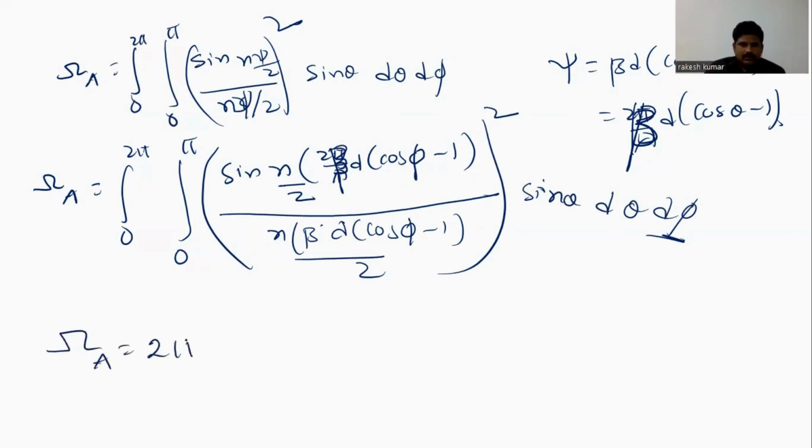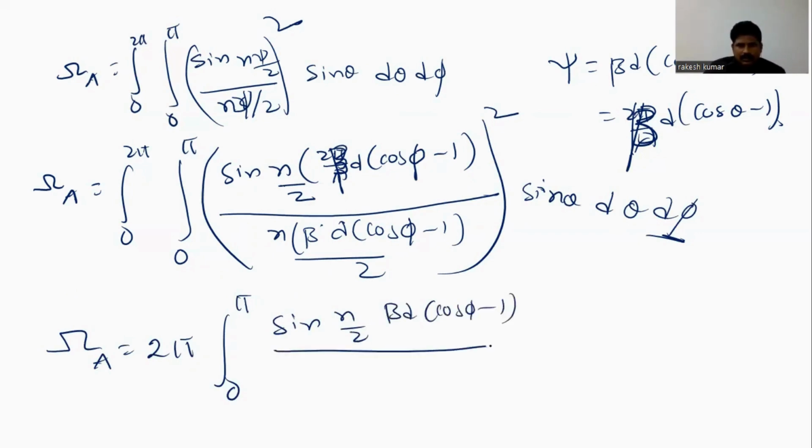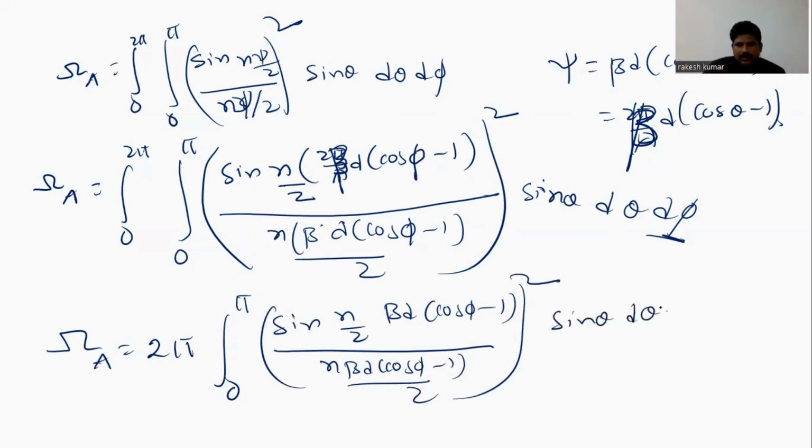So that is 2 pi into the integration from 0 to pi of sin of (n by 2 into beta d cos theta minus 1) by (n by 2 into beta d cos theta minus 1) whole square into sin theta d theta.